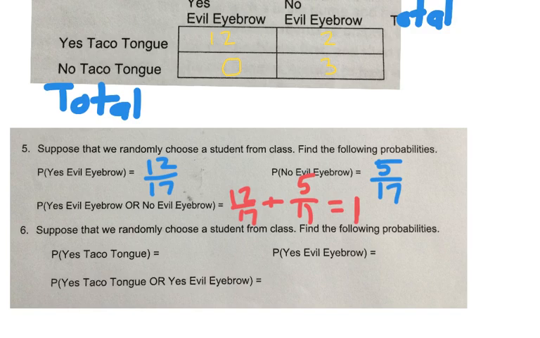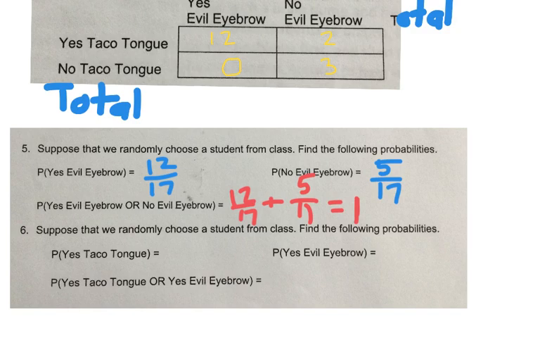Think about it like this. What's the probability if I pick one of you at random that you can do the evil eyebrow or you can't do the evil eyebrow? 17. Every one of you fit into one of those categories, right? Because those two categories are mutually exclusive. They are separate from each other. So that's 100% chance that I choose someone that fits into those categories.